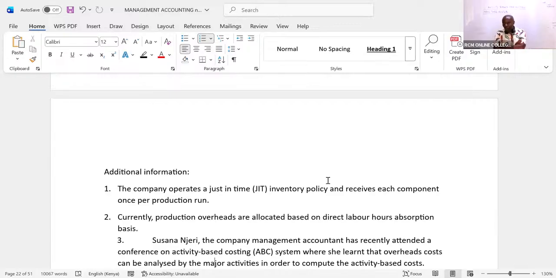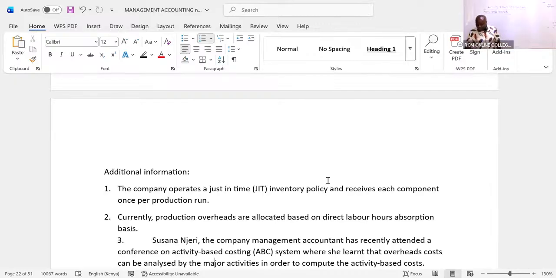So we order raw materials for immediate usage. We don't have stores under JIT. If it's a hotel, we shall not be having a store of the items. We simply bring them as they are requested by our customers. We cook them immediately. So there is nothing like storage.